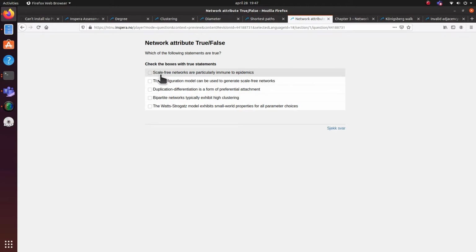The first statement is, are scale-free networks particularly immune to epidemics? What we find with scale-free networks is that, in terms of maintaining connectivity, they are highly robust to the removal of random nodes, while very weak to the targeted removal of nodes.